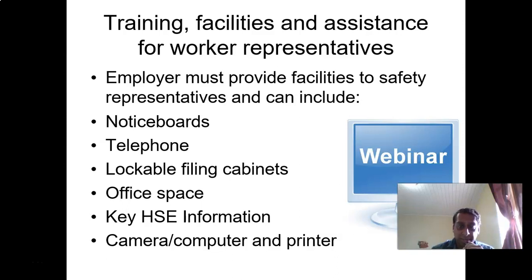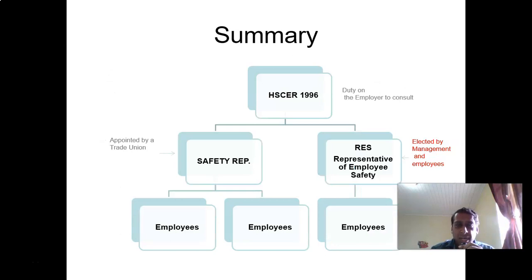So here you have one of the laws for consultation with the employees. I would have referred to this one, the Health and Safety Consultation with Employees regulations 1996, and it now makes it a legal duty for the employer to consult with the employees. Now in doing that, it's almost as if they have two right-hand persons to help them in consulting with the employees.